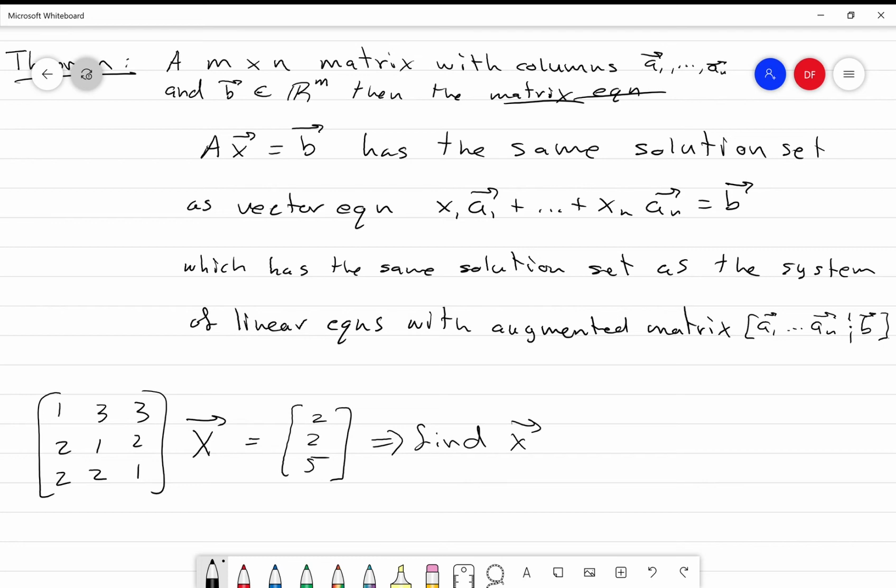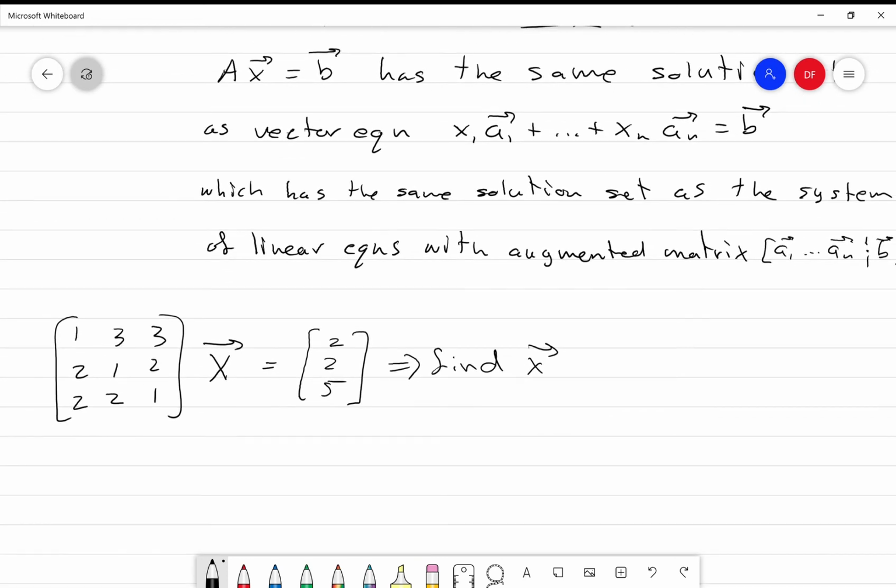Well, you can just put these two into the following matrix and solve it.